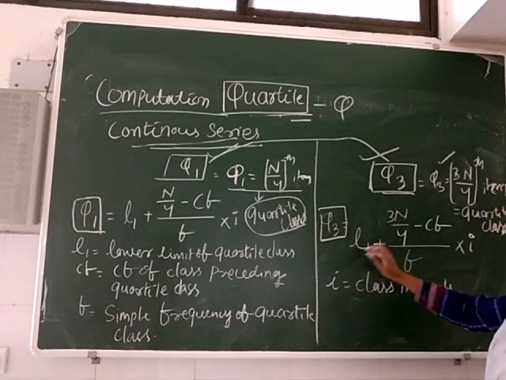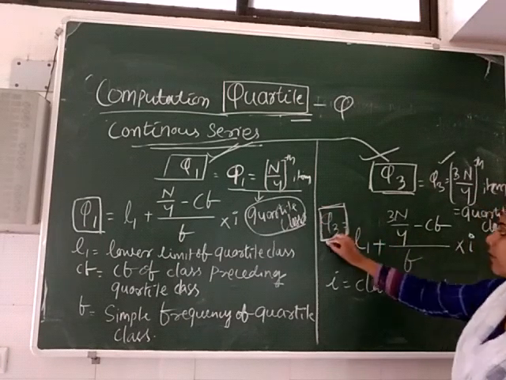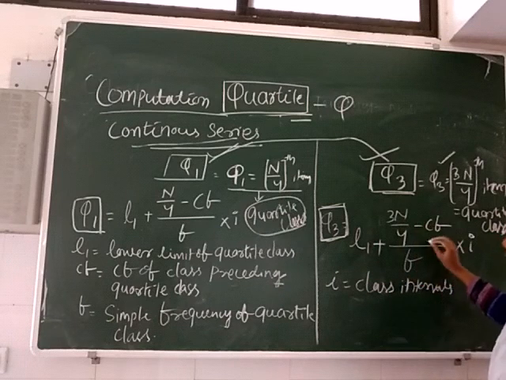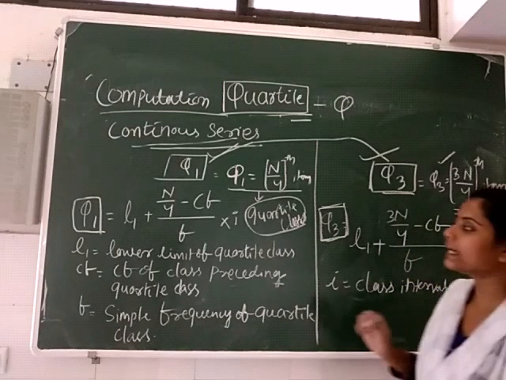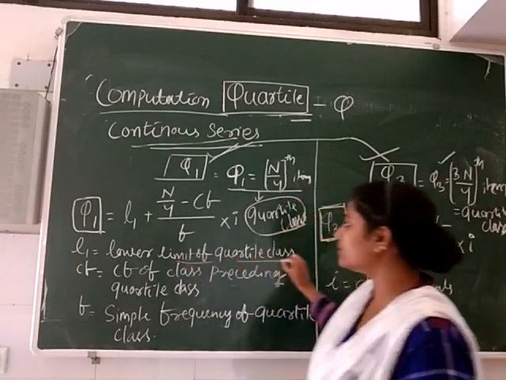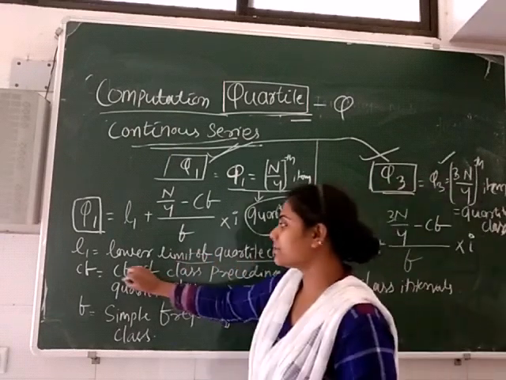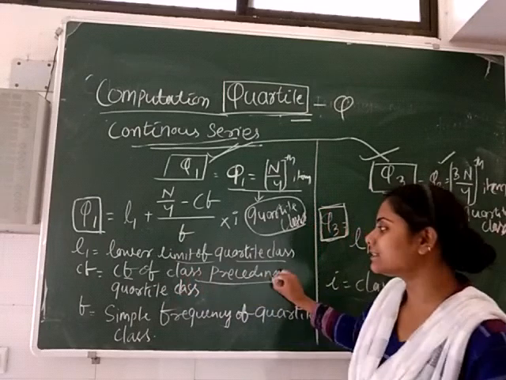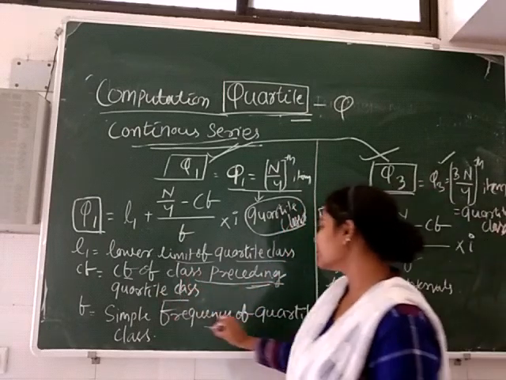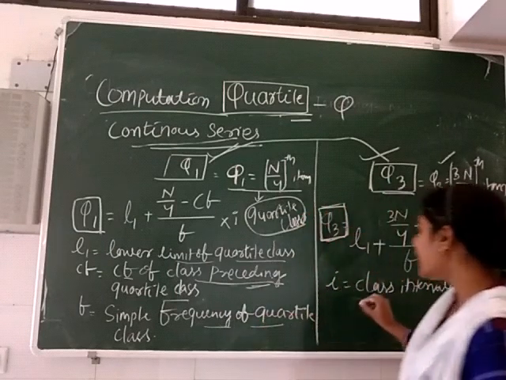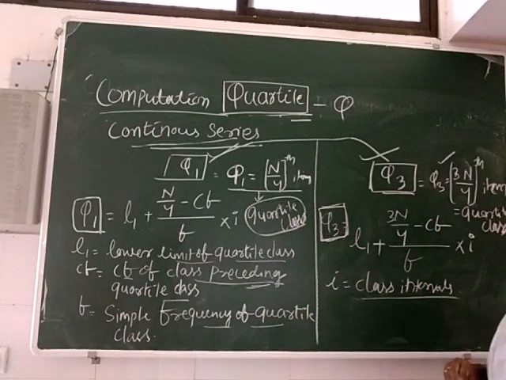So the upper quartile formula is L1 plus 3n by 4 minus CF by F into I. That means L1 stands for lower limit of the quartile class, CF stands for cumulative frequency of the class preceding the quartile class, F stands for simple frequency of the quartile class, and I stands for class interval.